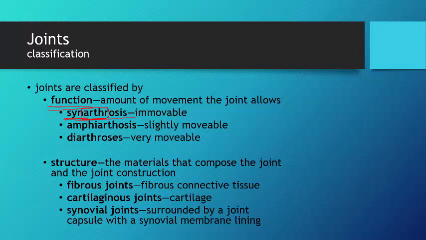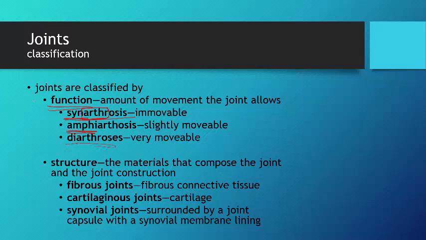We'll look at examples soon, so I don't want to jump ahead there. An amphiarthrosis: amphi means both, so they move a little bit. And diarthroses are the joints that are very, very movable.